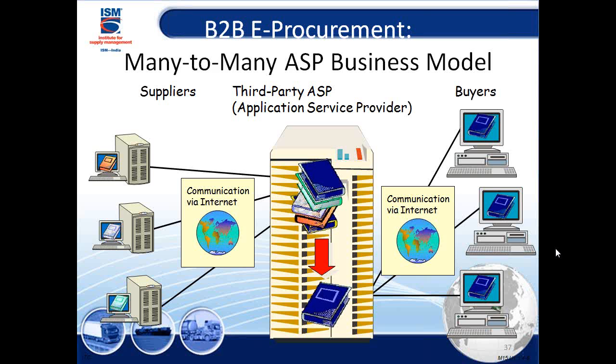So I use that application service provider and I pay more like a renting. Instead of owning a house or owning an infrastructure, you use someone else's and you pay for the time you use it. So this application service provider has one side communication via internet with a supplier, the other side is a buyer. So it hooks up, provides support to all of you.